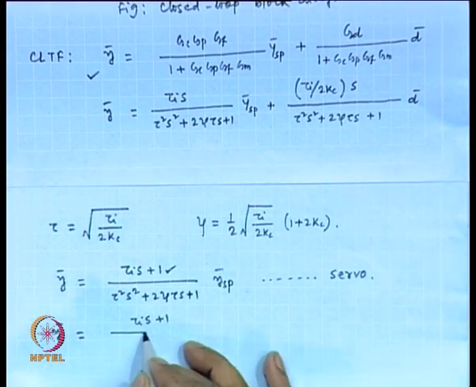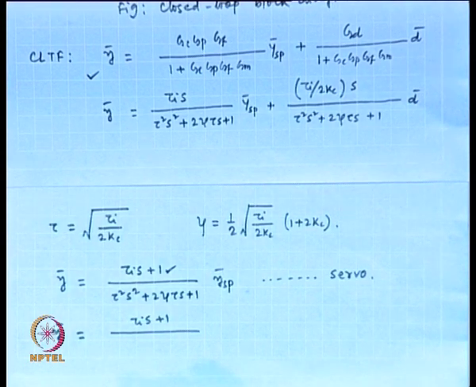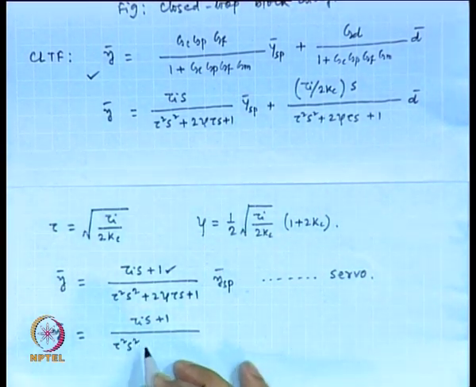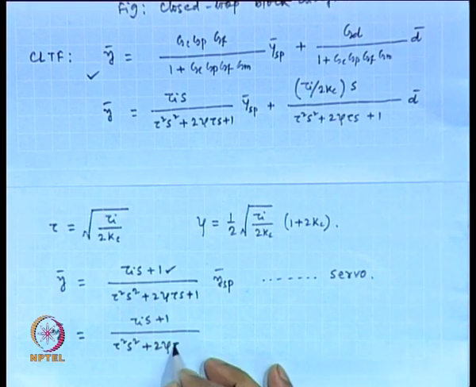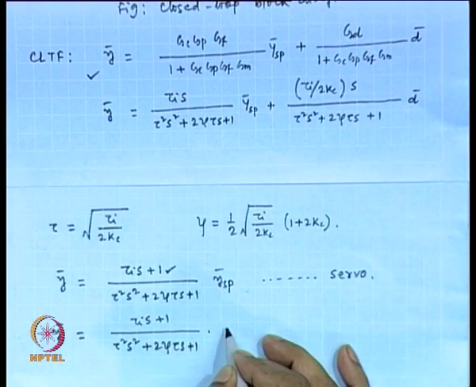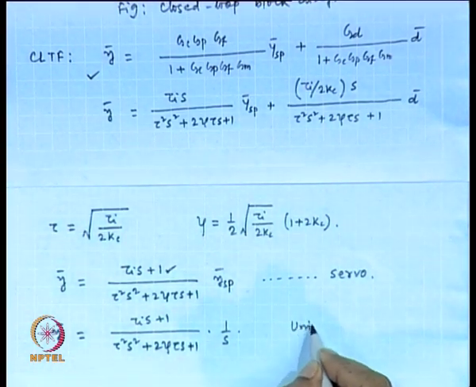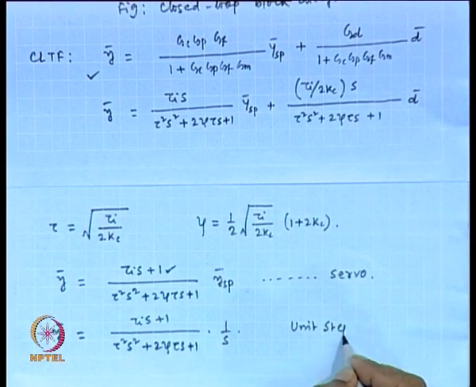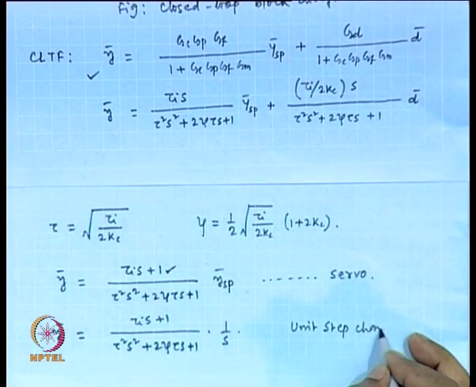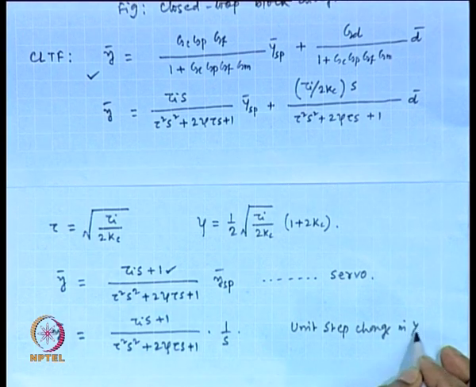Accordingly, we can write y bar equals tau I s plus 1 divided by tau squared s squared plus 2 zeta tau s plus 1, multiplied by 1 by s, when we consider a unit step change in y set point.